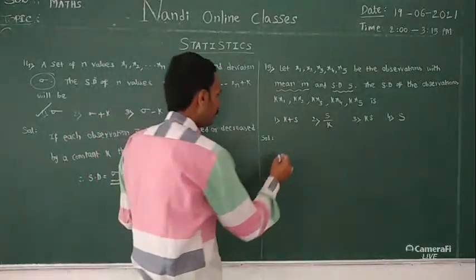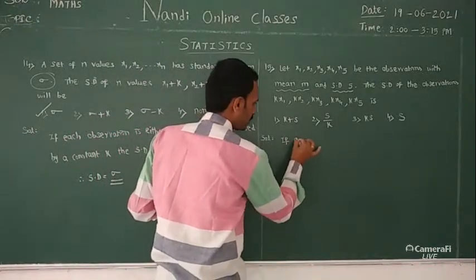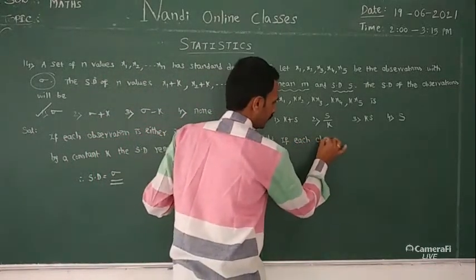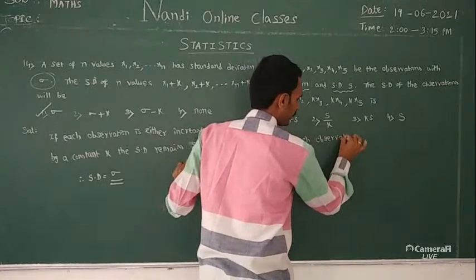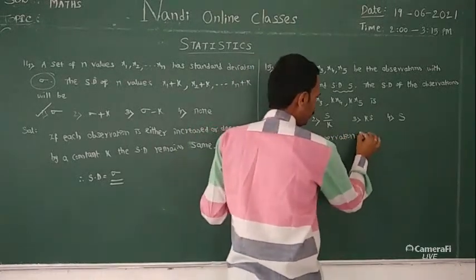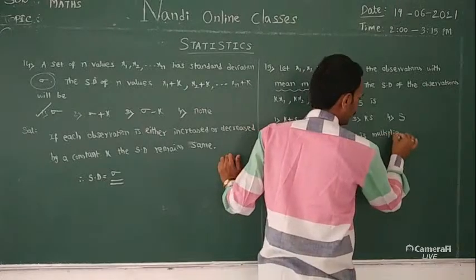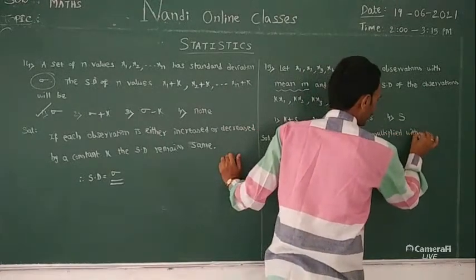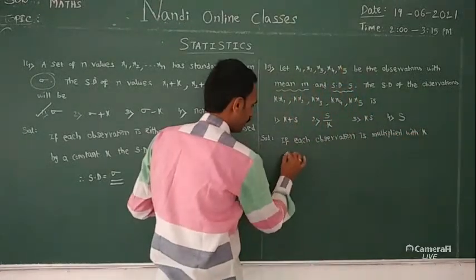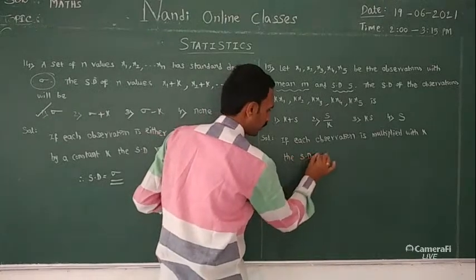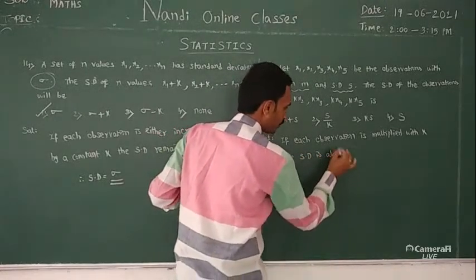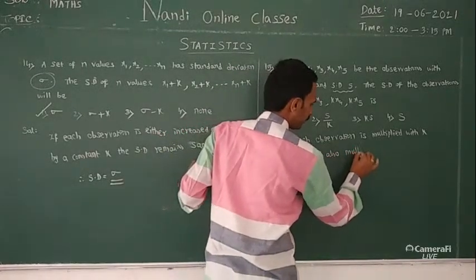If each observation is multiplied by k, then the standard deviation is also multiplied by k.